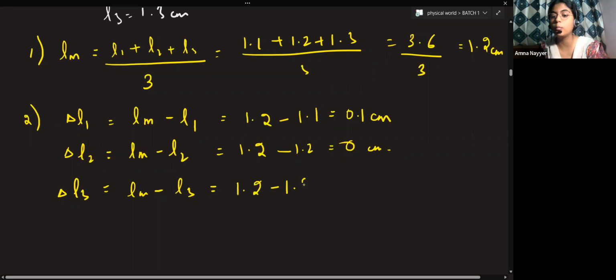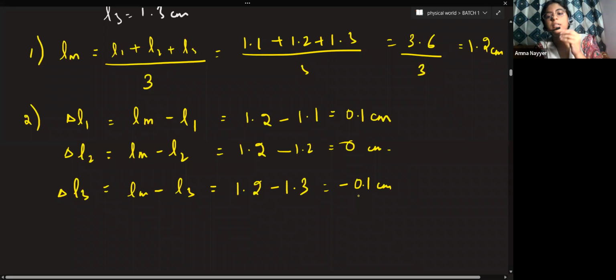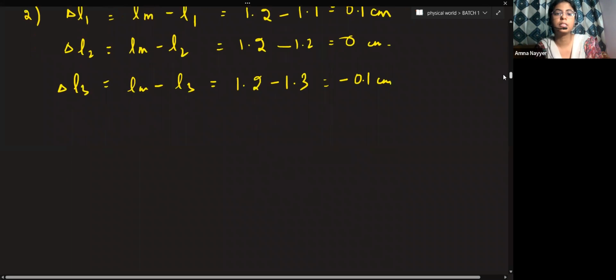This is 1.2 minus 1.3, so this is minus 0.1 centimeters. Now when you are solving it for mean absolute error, always add the modulus sign. Means 0.1 will be same as minus 0.1 will be same as plus 0.1. Both of them will be positive.